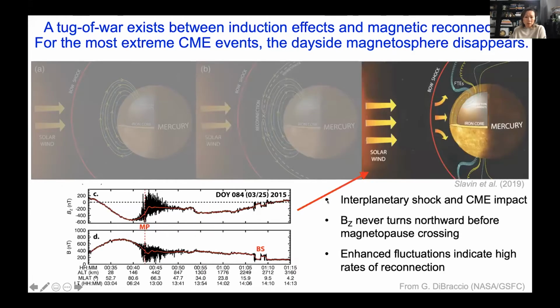Now, with the tug-of-war between the induction effects and the magnetic reconnection, you can actually erode the day-side magnetosphere to the point where it disappears. And so, again, looking at the BZ component in this panel here, you can see that the BZ is negative, and it doesn't ever go back positive when it crosses the magnetopause.